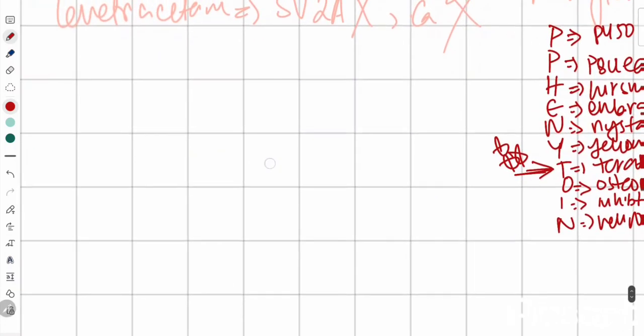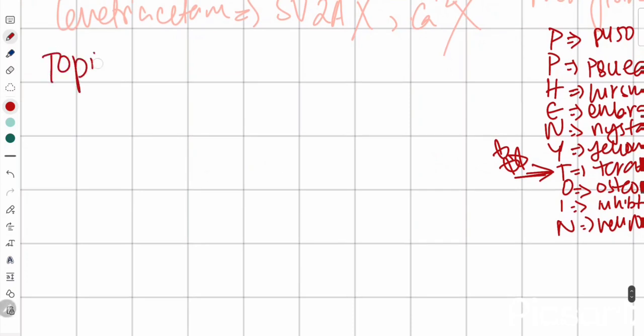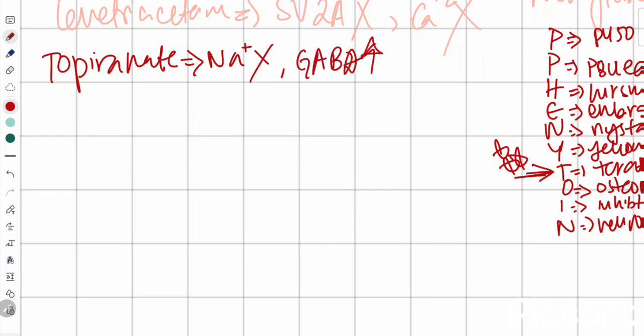Next is topiramate. Topiramate has two actions again. One is sodium channel blockage, and then of course GABA. It increases GABA. And lastly, we have valproic acid. Valproic acid also has two functions.